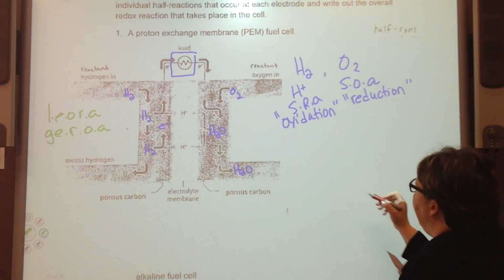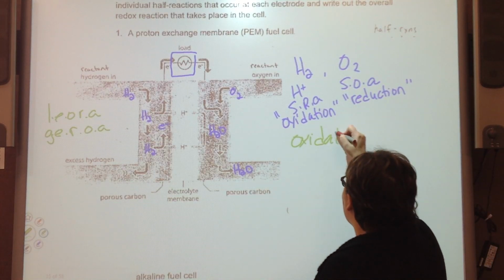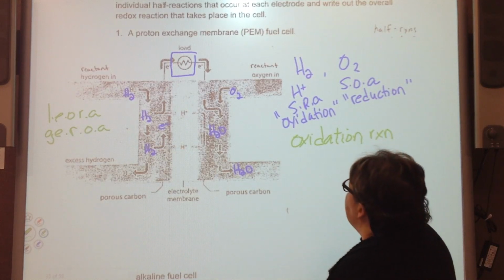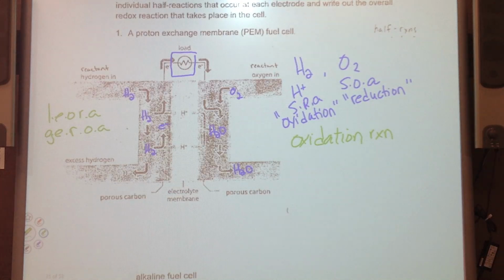So since we've identified oxidation, it asks us to write down the half reaction. So hydrogen as the oxidation reaction is, how am I going to write that? It's the reducing agent, so what's going to be on the left-hand side? Look at your book, look at 0, 0.00.